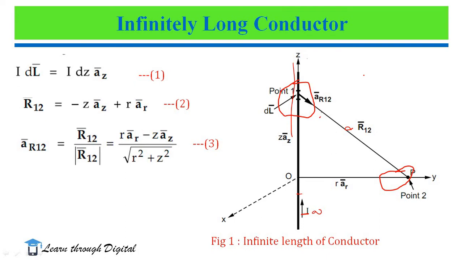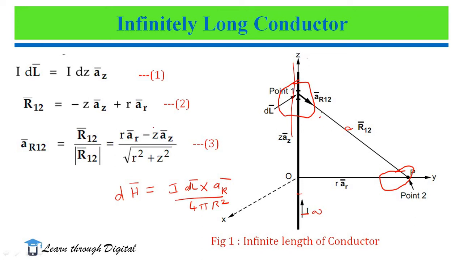For our analysis, we consider cylindrical coordinate system. As we know, according to Biot-Savart law, dH vector is equal to I dl vector cross ar vector by 4 pi r square. So from this figure, we are going to write one by one.